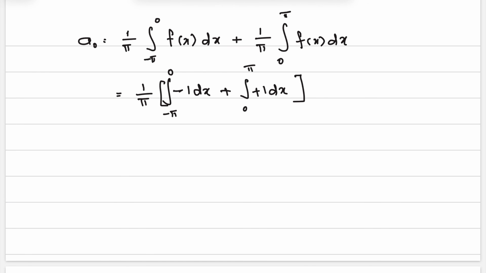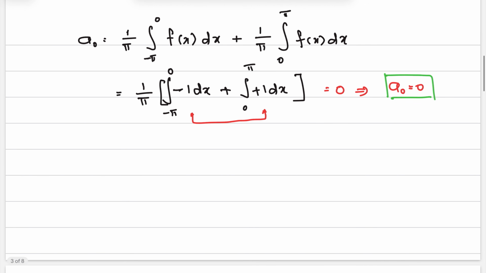Minus 1 and plus 1 get cancelled, whatever the values may be, so this becomes 0. That means a naught is equal to 0. Please try to understand this. This is the basics which I have explained in my previous class.